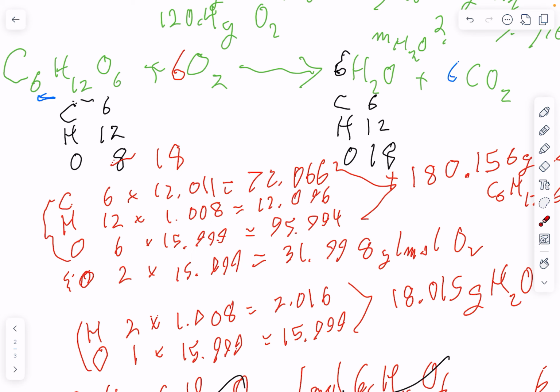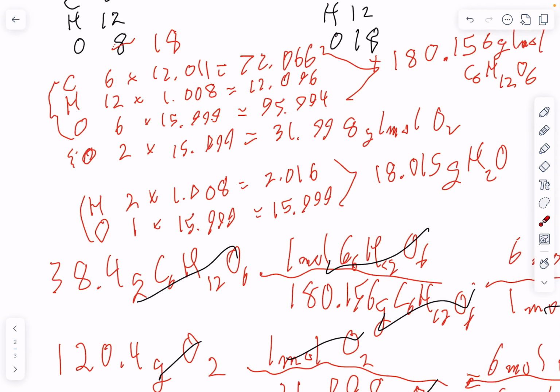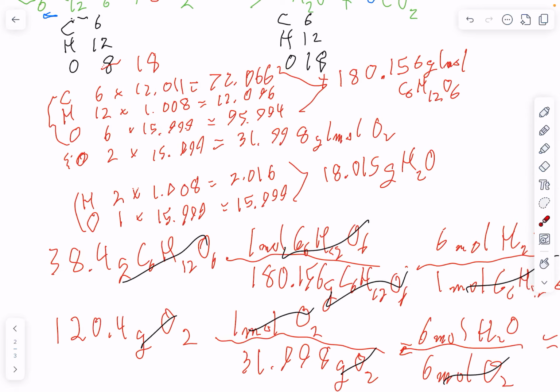If you add in sulfur or nitrogen, you'll get things that look like SO2, SO3, NO2, NO3, NO, that kind of thing. But anyways, balance the hydrogen and carbon first, then the oxygen, and you'll get that answer. Then I calculate molar masses: molar mass of glucose, molar mass of oxygen, molar mass of water.